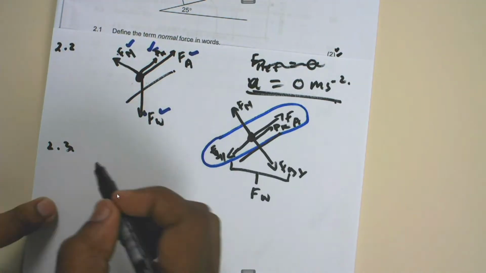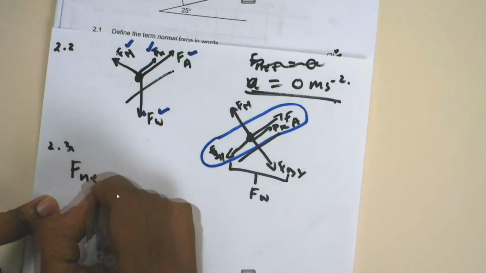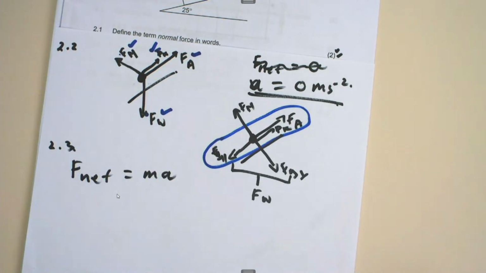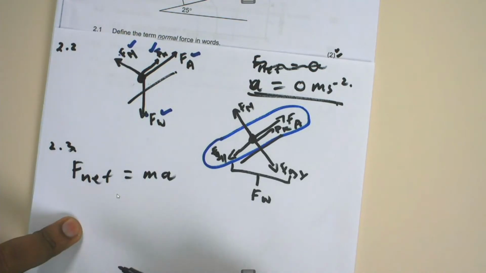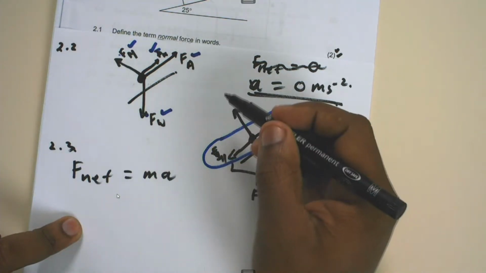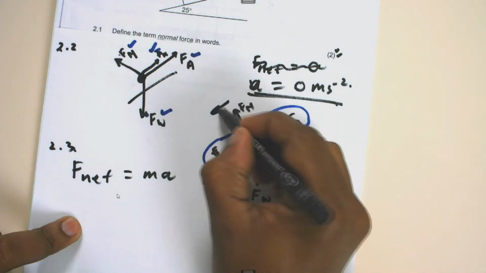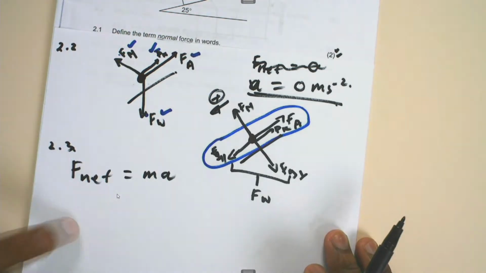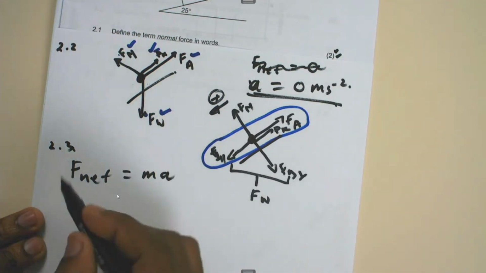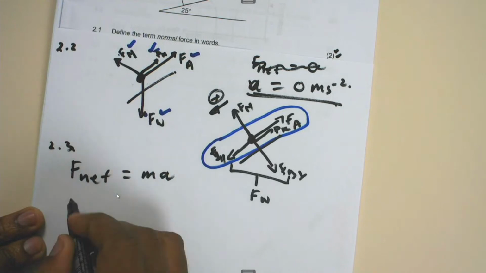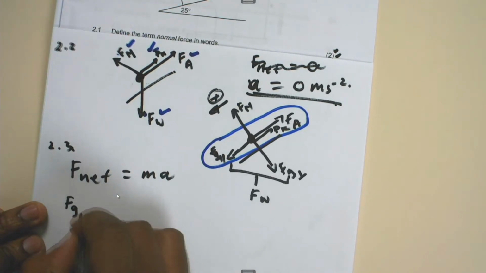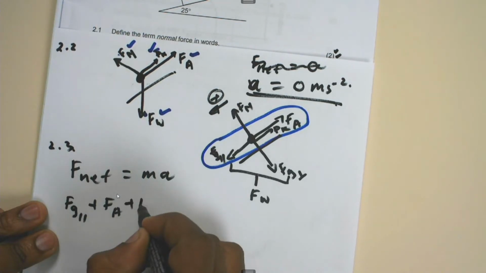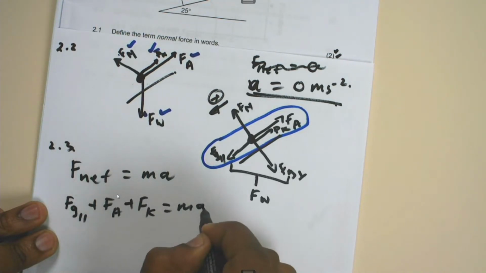So I will start now with my F net is equal to MA, because remember, it's a calculation, but now I need to substitute into the calculation. Then I will choose to say, let's choose downwards as positive. So every force that is moving downwards will be positive. So I will have F net, which is just the sum of FG parallel plus FA plus FK, which is equal to MA.